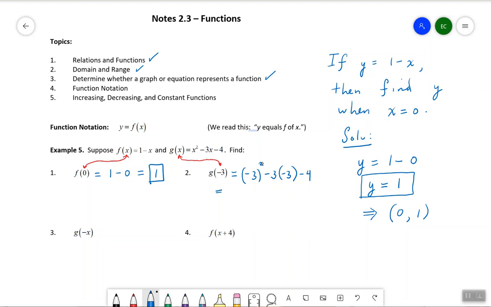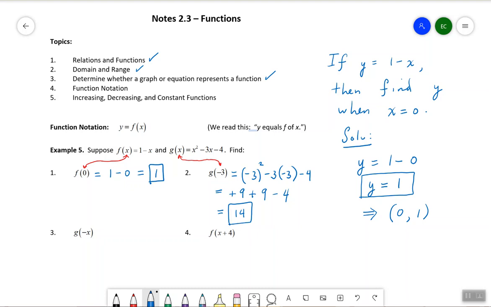The negative 3 gets squared to make a positive 9. If you didn't have those parentheses there, then you would be saying that you're only going to square the 3 and not the negative sign, and then you'd wind up with a negative 9. So that's a mistake that I see students make sometimes. So at any rate, the answer is 14, and we can see that the g function has an ordered pair, has a point, negative 3, 14.